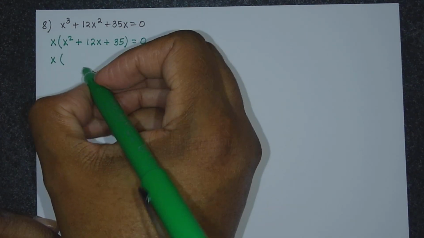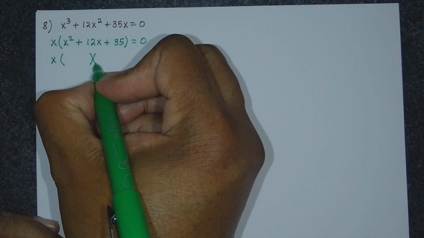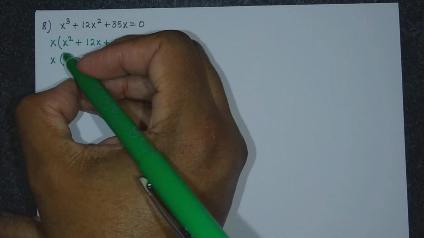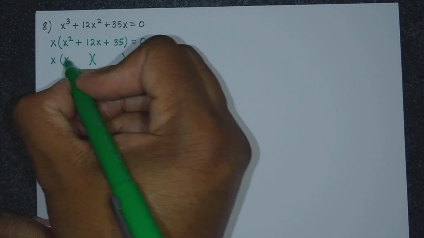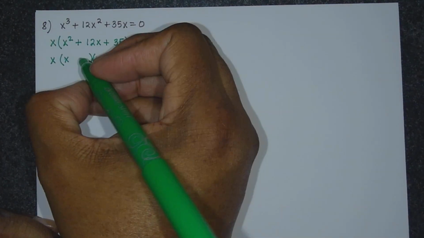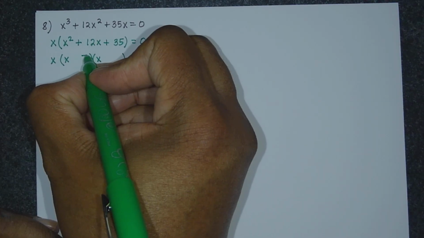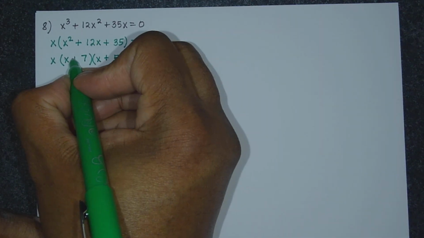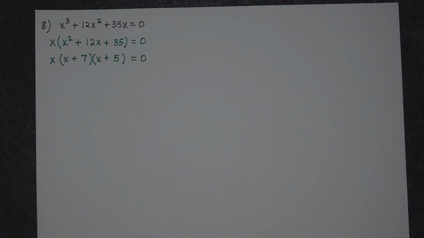And then for that x squared plus 12x plus 35, let's see if we can factor that out into two binomials here. x squared breaks up as x and x. And then what factors of 35 give me 12x as a middle term? 7 and 5. And they both have to be plus because the middle term is a plus and the last term is plus as well.